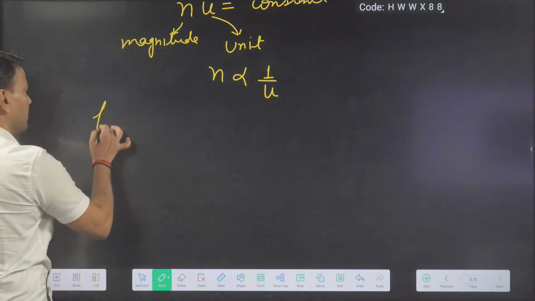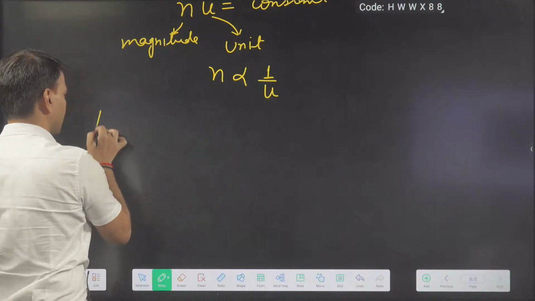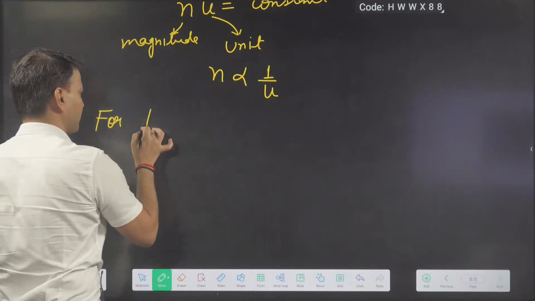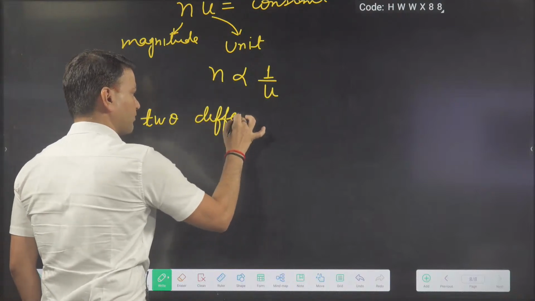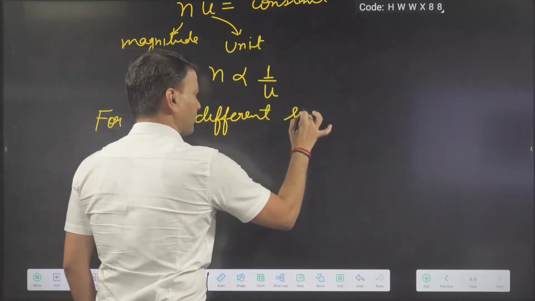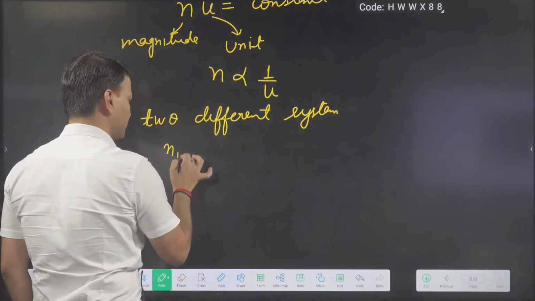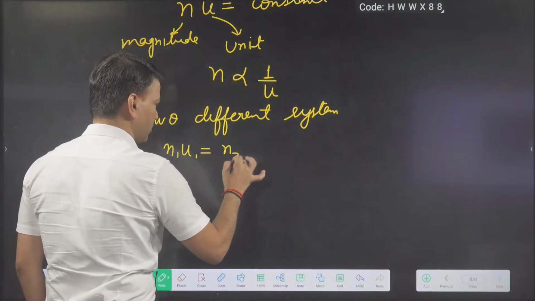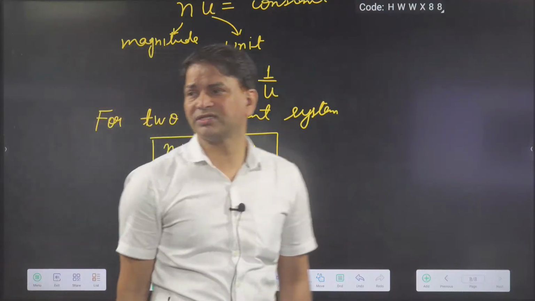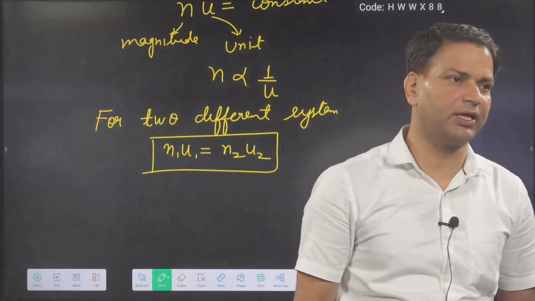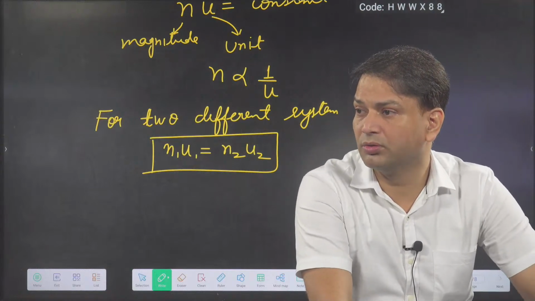So for two different systems, I can say n1 u1 is equal to n2 u2. So if you want to convert from one system of unit to the other system, then we can use the relation n1 u1 is equal to n2 u2. Okay?